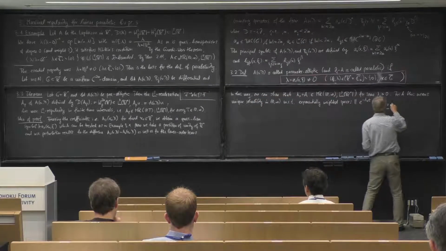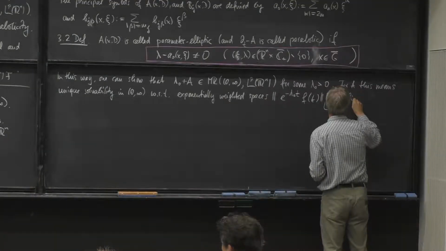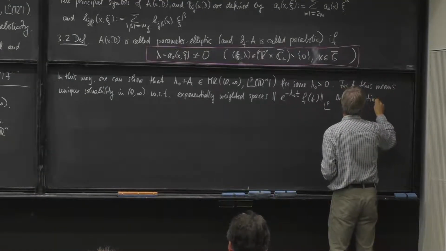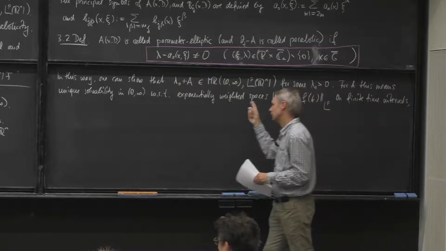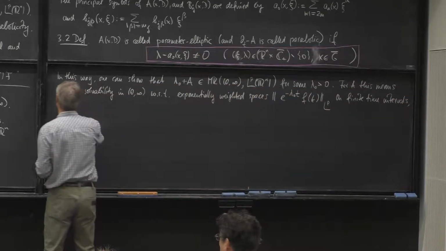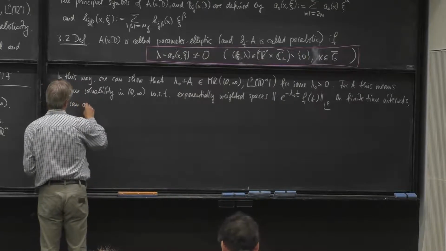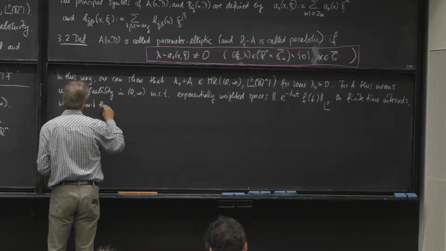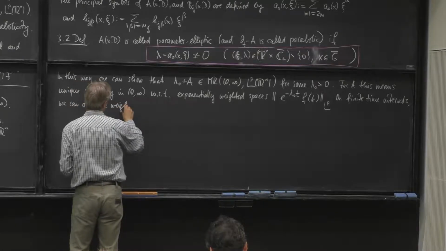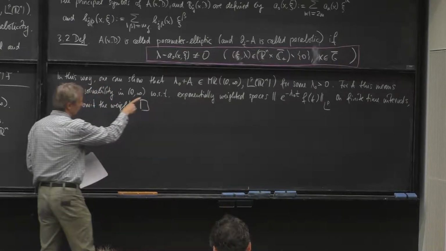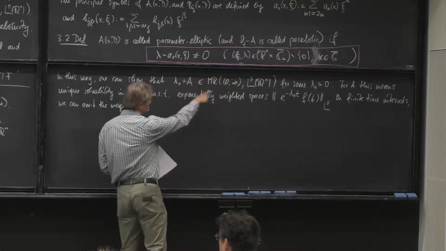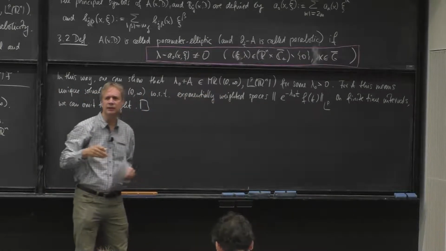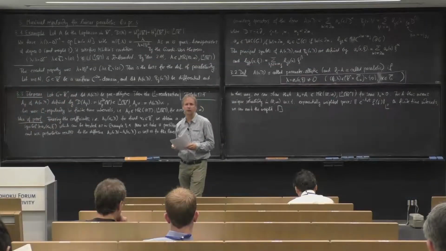So on finite time intervals, we can omit the weight again. And if you look in the literature, you will see that mostly the formulation is this one, the statement of the theorem: there exists a shift such that the shifted operator has maximal regularity on the whole line.